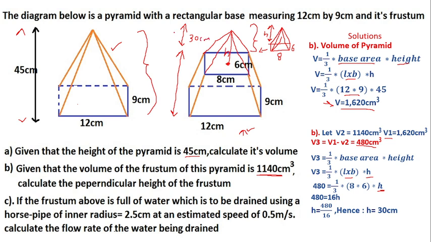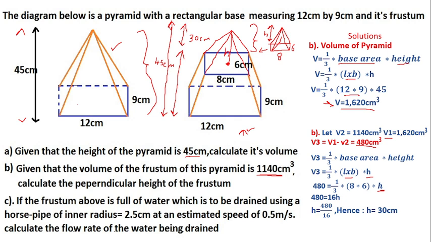And the entire height of the complete pyramid is given to be 45 centimeters. 45 centimeters is the height for the pyramid from which the frustum here was taken.